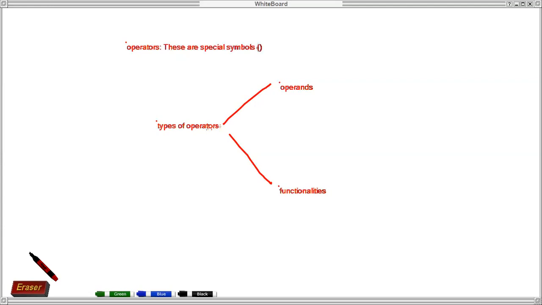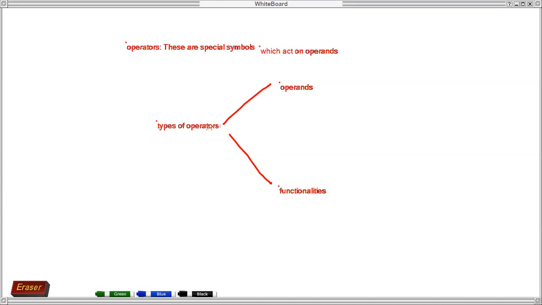These are special symbols which act on operands.